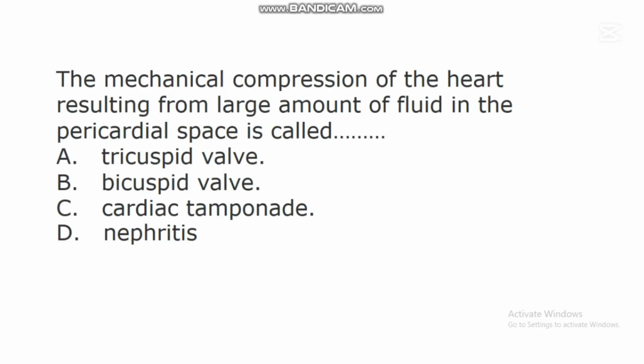The next question says, the mechanical compression of the heart resulting from large amounts of fluid in the pericardial space is called dash. A. Tricuspid valve. B. Bicuspid valve. C. Cardiac tamponade.